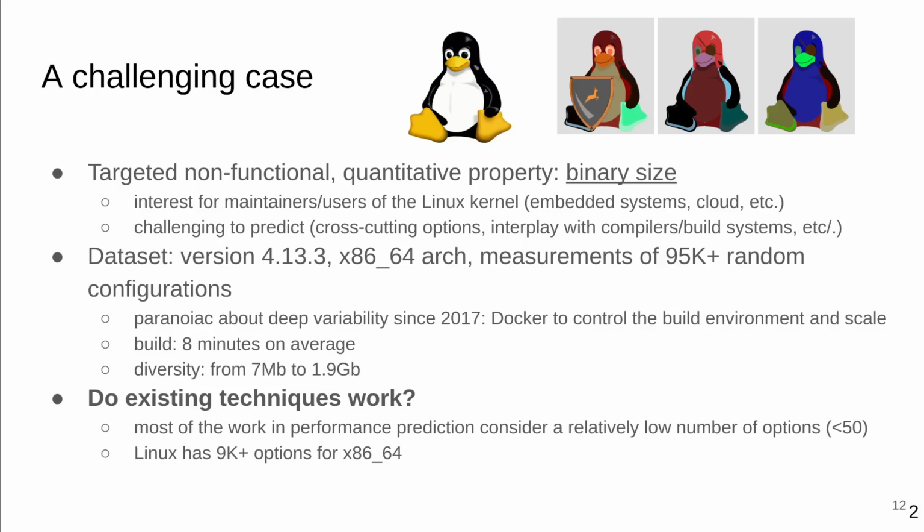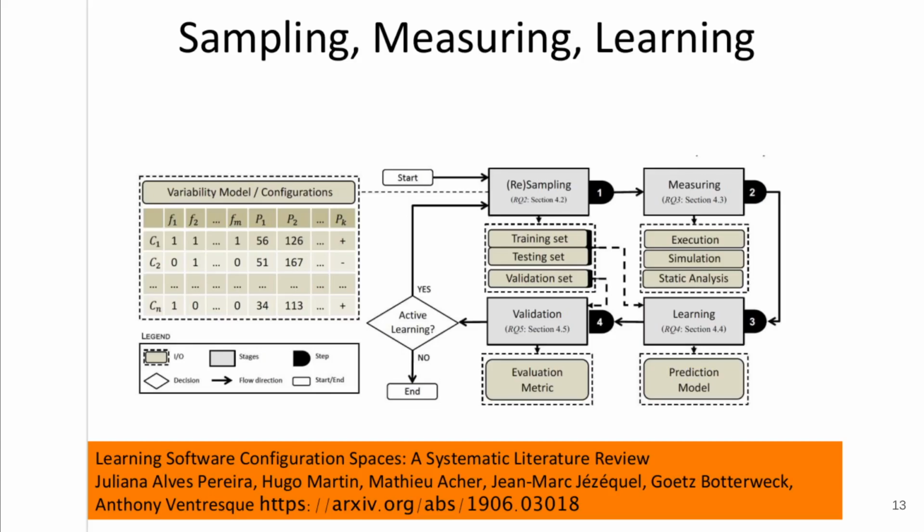And the first question we ask is, do existing learning techniques work? Because most of the works in the literature consider a relatively low number of options, and Linux is quite extreme here. So we follow a classical methodology, which is based on sampling.